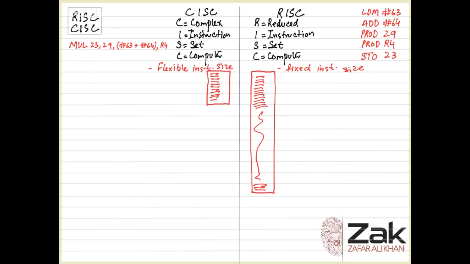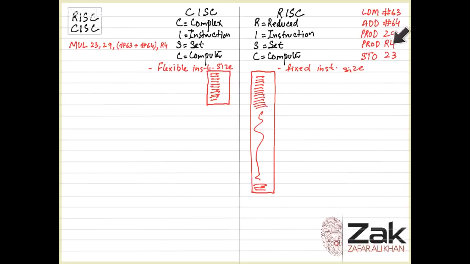For example, I've got these instructions. LDM 63. Load to accumulator what? 63. Add 64 to it. Whatever the result, make a product with 29. And then product it with R4. What is R4? The register.